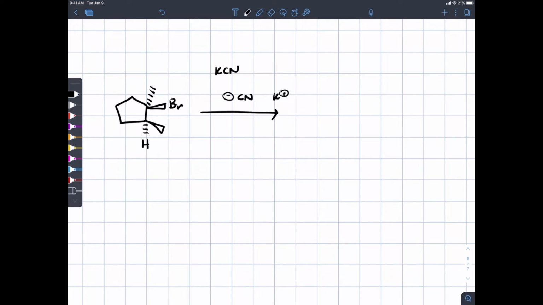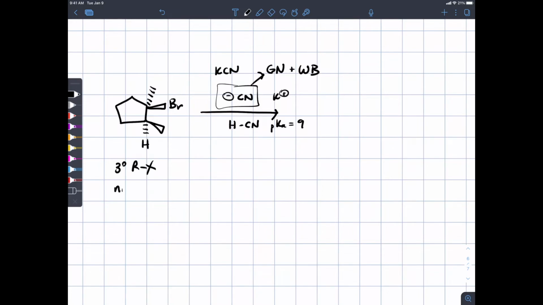CN minus is on our list of good nucleophiles. Its conjugate acid HCN has a pKa of 9. So this is a good nucleophile, though its lower pKa would place it as a weak base. Our alkyl halide is on a tertiary carbon. That is a carbon that's bonded to 3 other carbons.